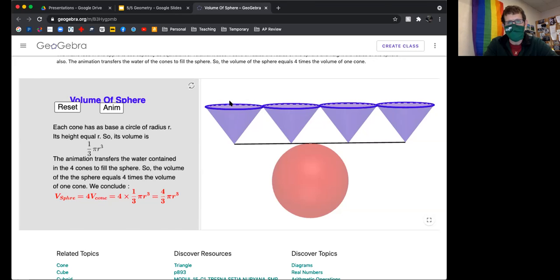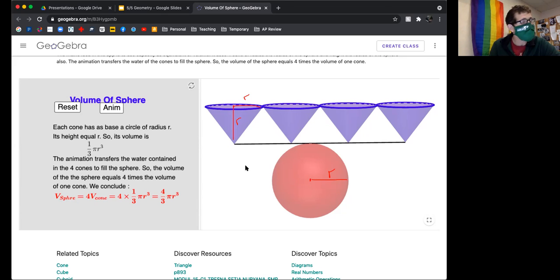It doesn't quite look like that. These cones look smaller, but let's just work with it. And these cones are set up so that the radius, I'm going to just draw it right here. The radius right here is the same as this radius, and the height of each cone is the same radius.